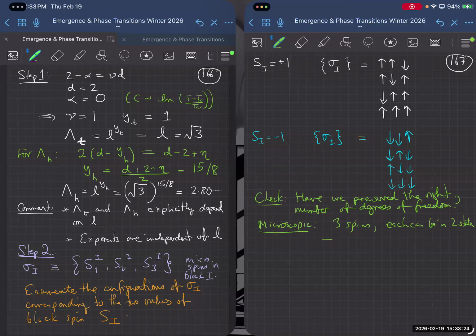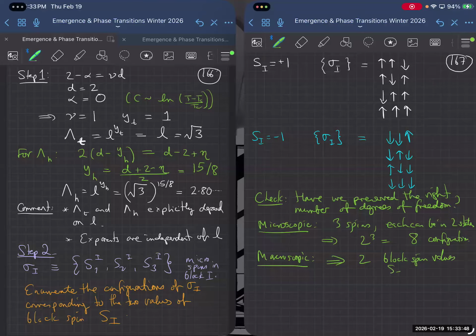And so that means that I have 2 cubed equals 8 possible configurations. On the other hand, on the macroscopic scale, I have 2 block spin values, Si is plus or minus 1.